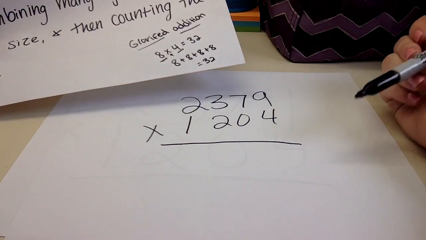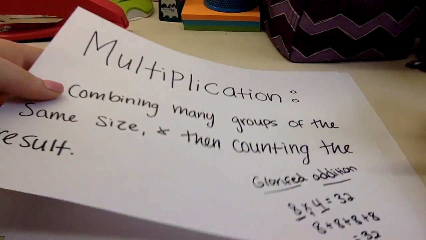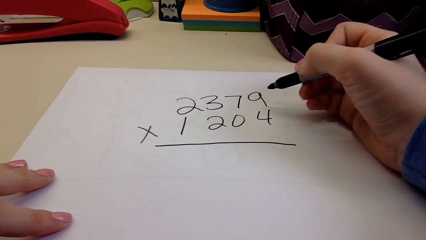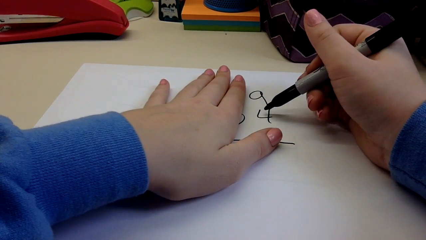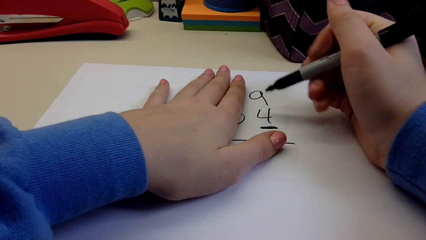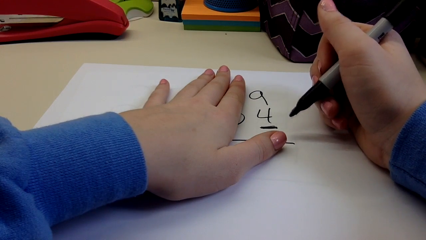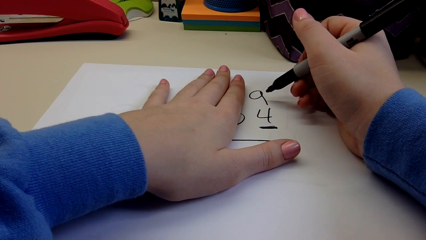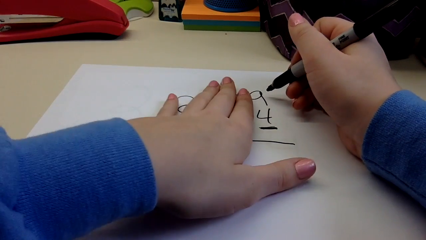Now obviously that would take a very long time, so that's why multiplication was created, to help things go just a little more smoothly. So first we're going to start by multiplying our first number in the tens place. No, the ones place.